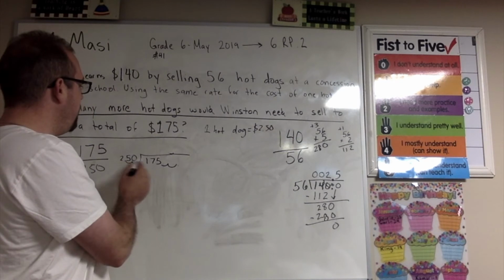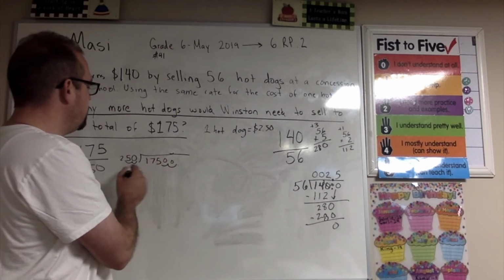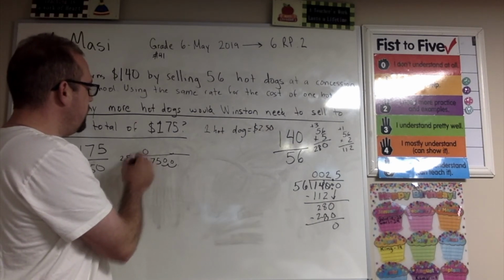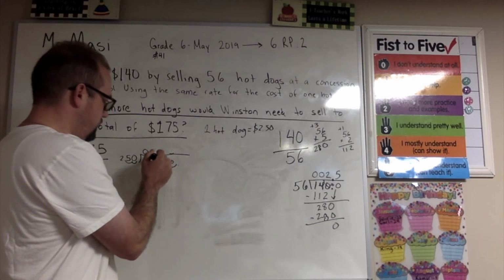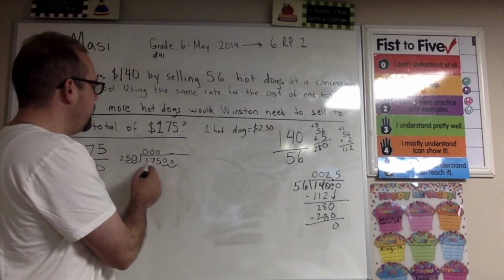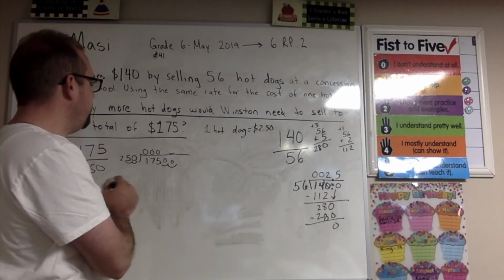So I know that, let's add my zeros. 250 doesn't go into 1, doesn't go into 17, doesn't go into 175, but it does go into 1,750.